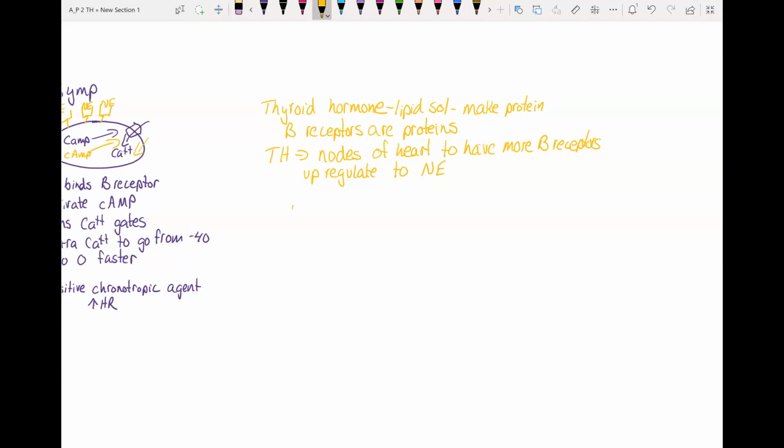So more beta receptors means you will bind more norepinephrine, which means you will have more cAMP, which means you will open more calcium gates, and you will let even more calcium in.